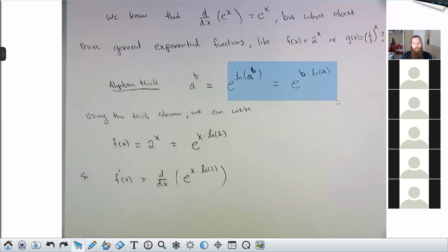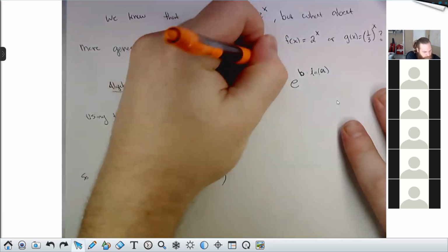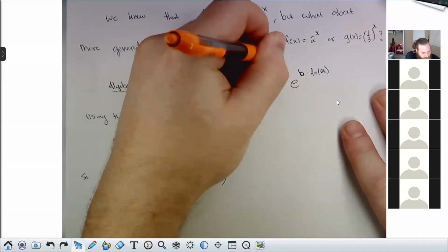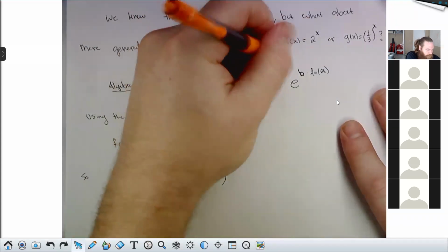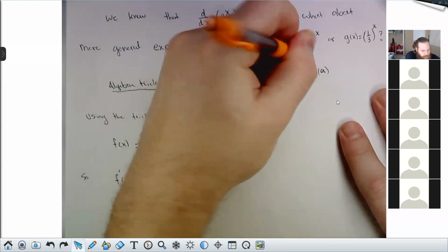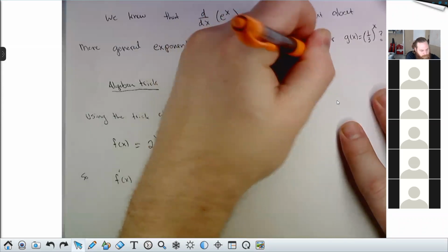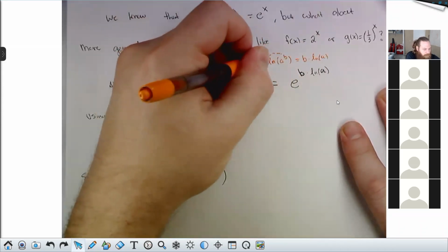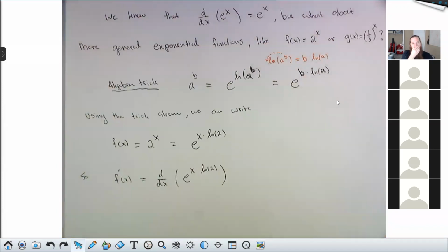And then from here to here, I'm using the rule that says the ln of a power is the same as the power times the ln of that number, right? Powers can come down. And I'm doing that within the power here, right?